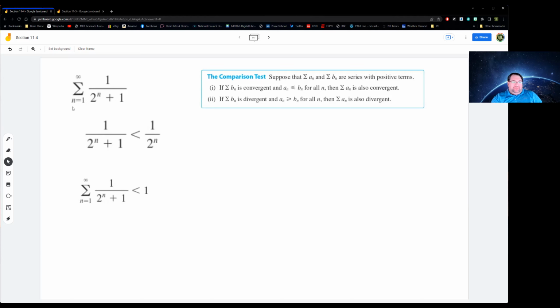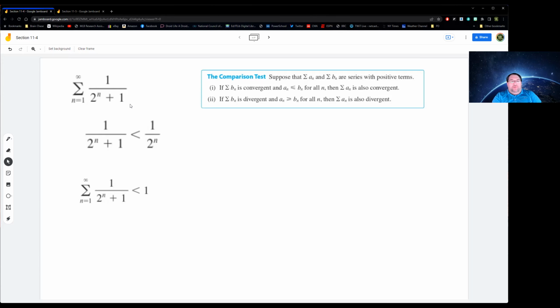So let's look at this series over here. We have this 1 over 2 to the n plus 1. Looks really simple. Kind of looks like a series that I would know. But because I have that plus 1 in there, it's just not a simple geometric series. However, we can start to look at things.